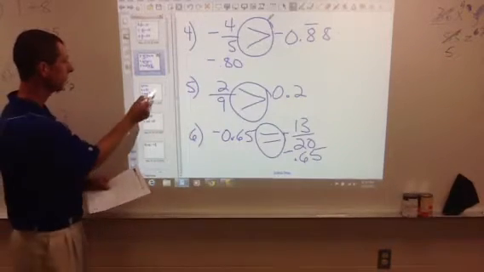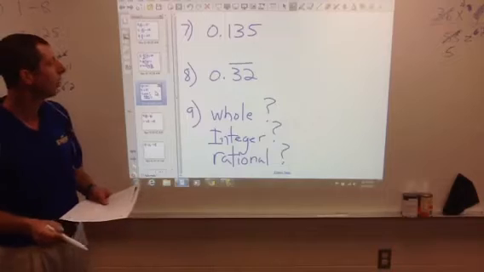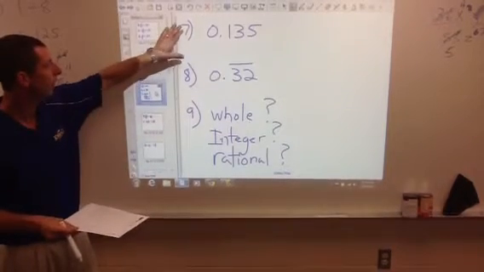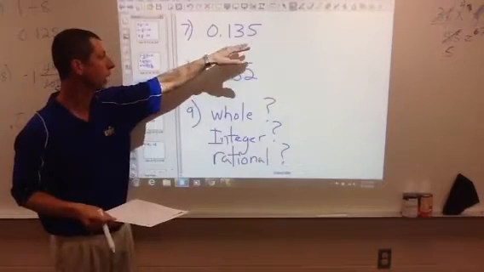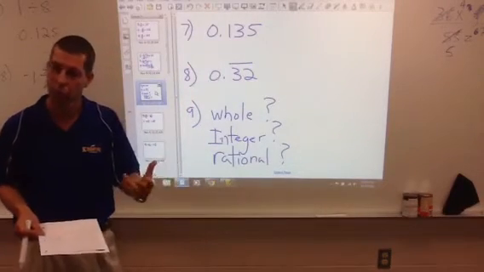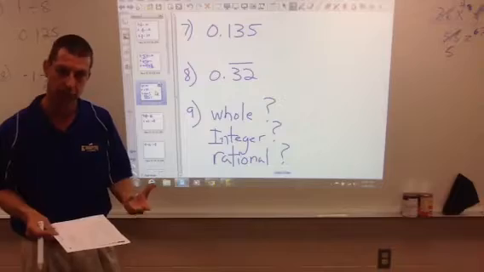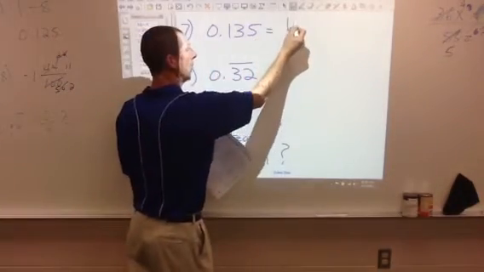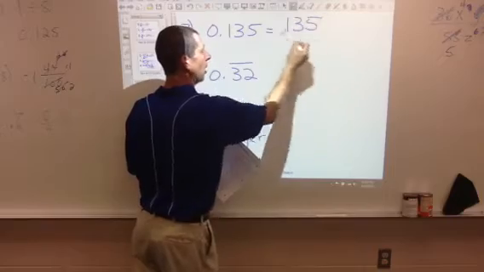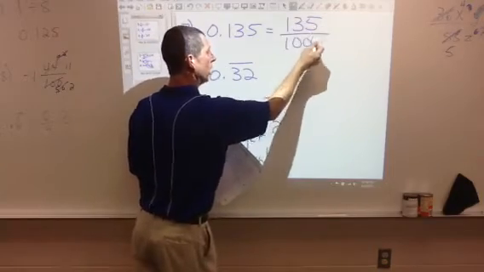Okay? All right, now here we have a couple decimals that you have to write as a fraction. Now, when you type this into your calculator, use your fraction key because it'll reduce it for you. So if you type this in, by the way, first of all, it's important to understand that this is 135 over 1,000.